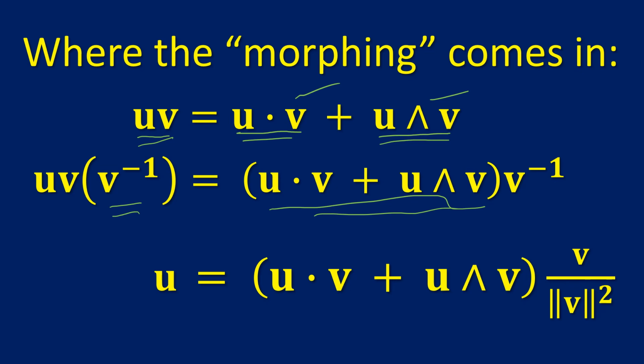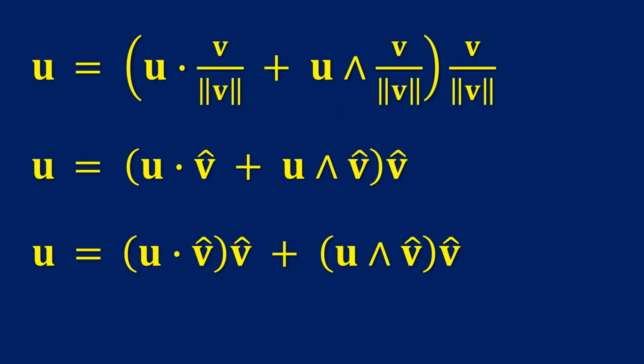Well, what we're going to do here first is write the multiplicative inverse of v according to its definition, which is v itself divided by the square of its magnitude. So this is magnitude of v times magnitude of v, and we're going to take one of those factors, that is the magnitude of v, and distribute it within this sum here. We'll write that more neatly on the next slide.